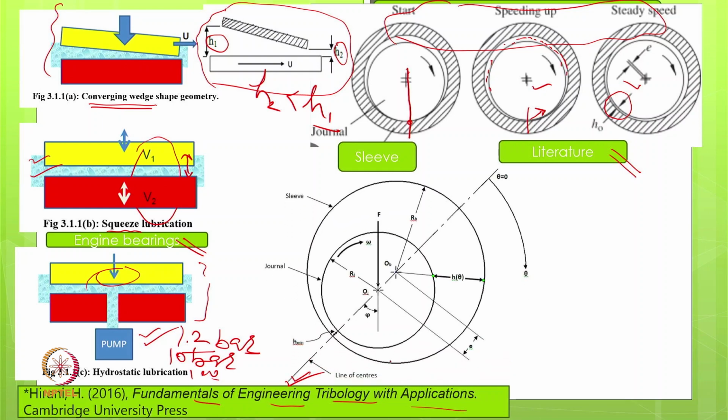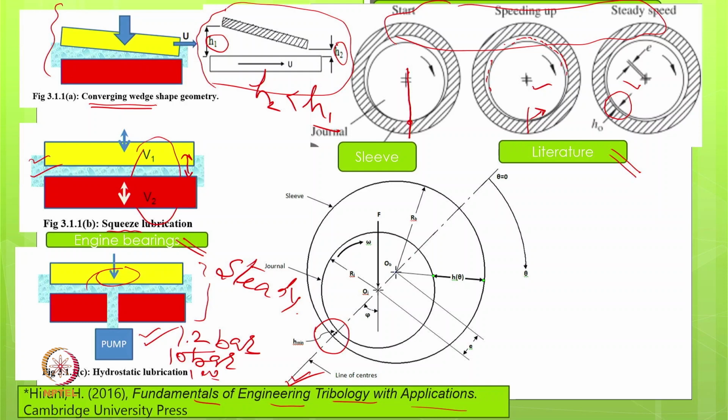However, once full film lubrication is established from starting to real running condition, then we will know this is the minimum film thickness. Again, I am talking about a steady state film thickness, and when we come to the dynamic film thickness, this will not work. Particularly for squeeze film lubrication and engine bearings, we need to solve for dynamic loading.